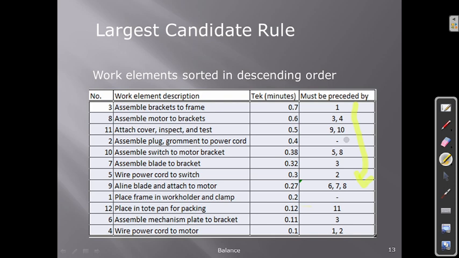First one is 2. So we take this 2 and strike it out. We leave it because we have already taken it. Then again we go from top to bottom and check which elements don't have a predecessor. This is also without predecessor, so we will take this work element 0.2.